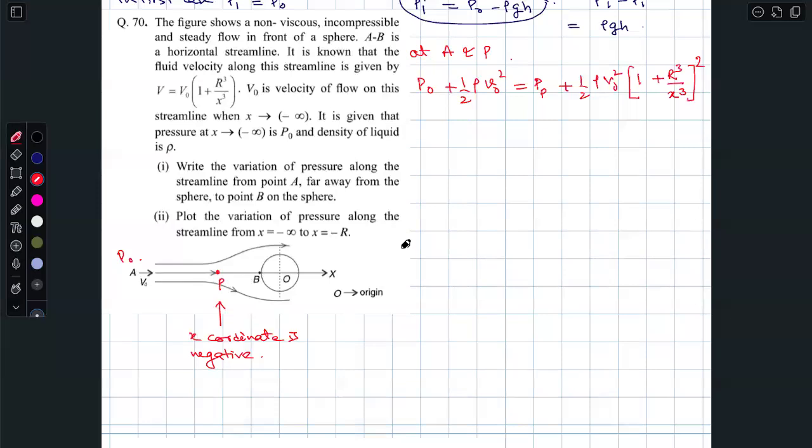Please confirm, have you understood this step or not? Compared at these 2 points.